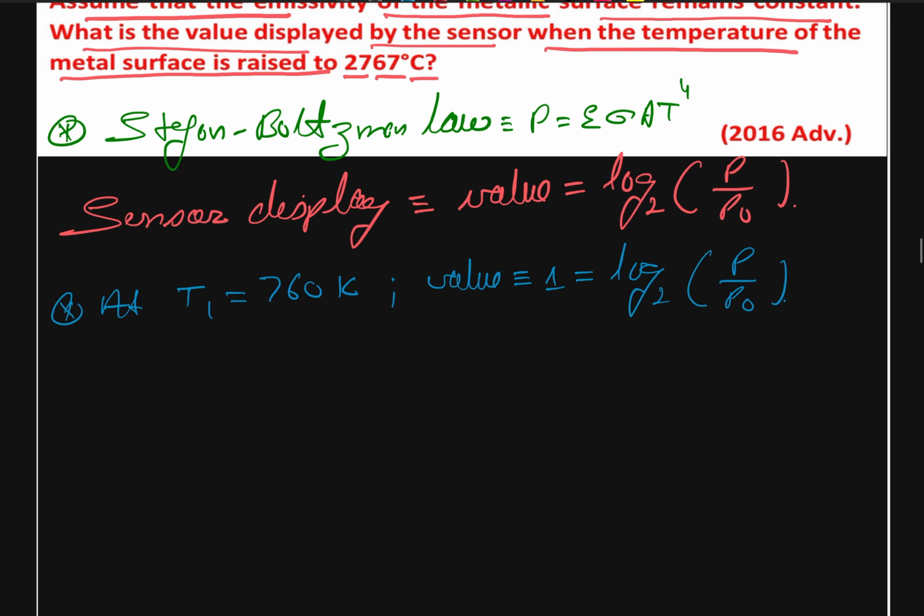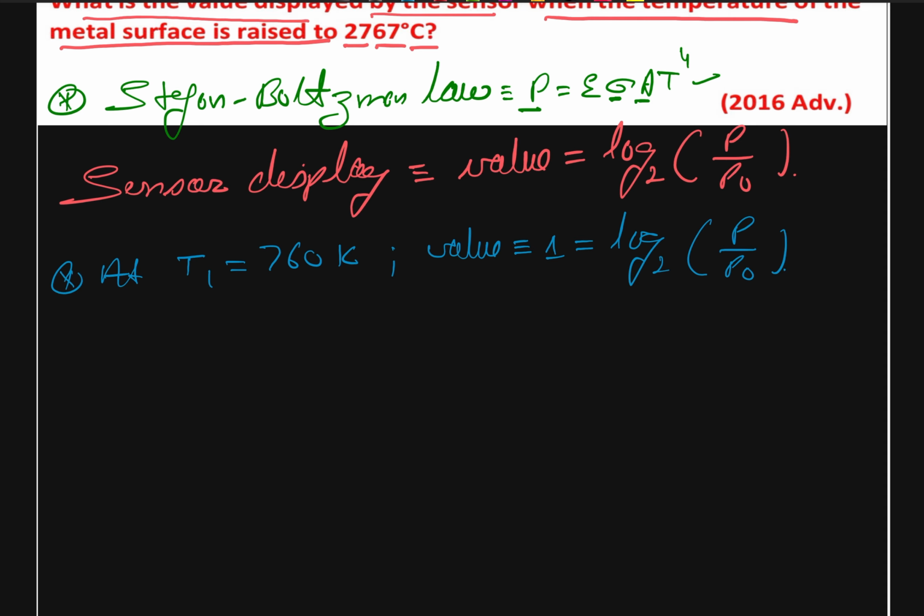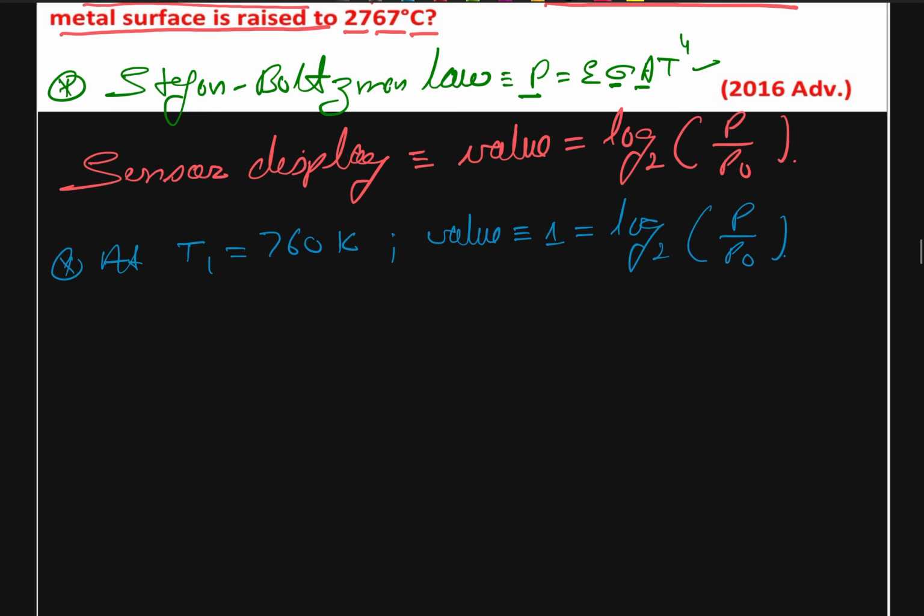From the Stefan-Boltzmann law we can clearly see that because it states that emissivity is constant, the area will be constant. The Stefan-Boltzmann constant is already constant, so we can say that P is directly proportional to temperature raised to power 4. So power P is directly proportional to T raised to power 4.